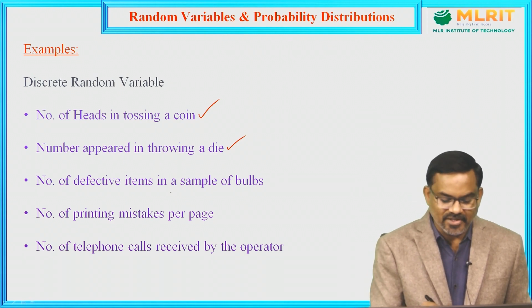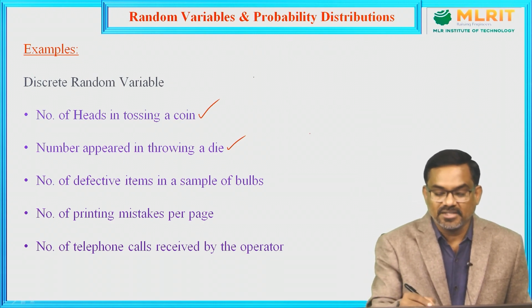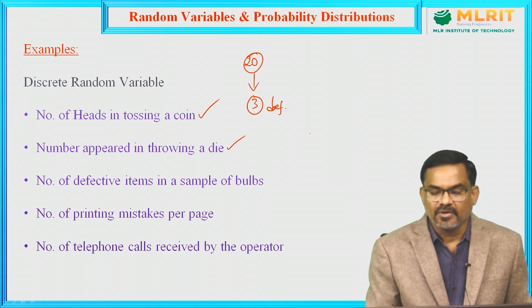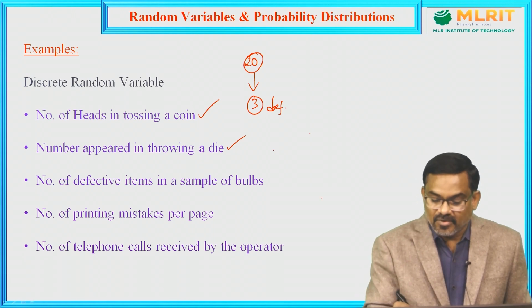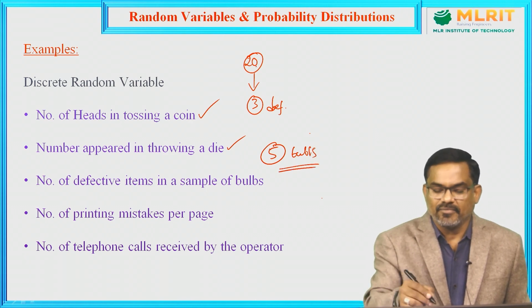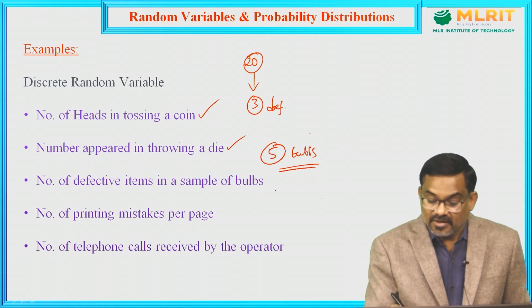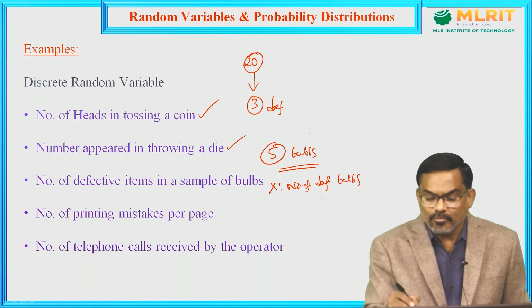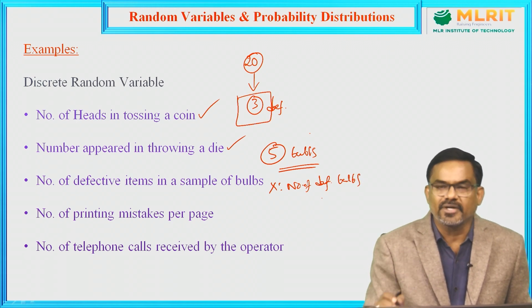And the number of defective items in a sample of bulbs. For example, there are 20 bulbs and out of 20, there are 3 defective bulbs. And if 5 bulbs are selected at random from this sample of 20 bulbs, and X denotes the number of defective bulbs, how many defective bulbs are there? 3 defective bulbs are there.